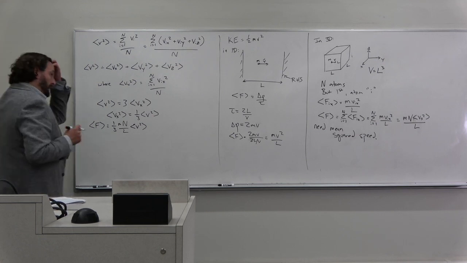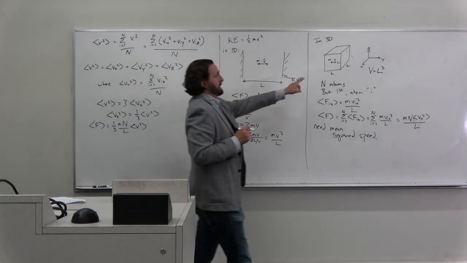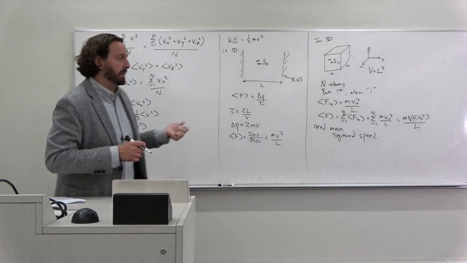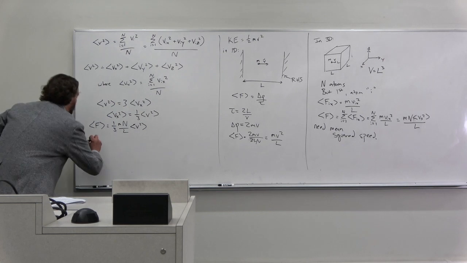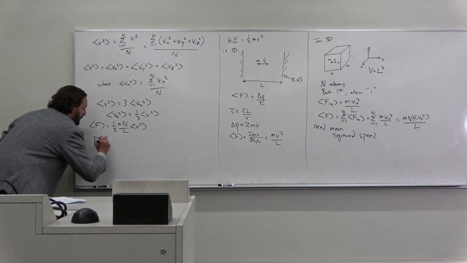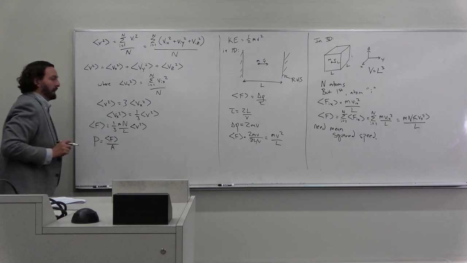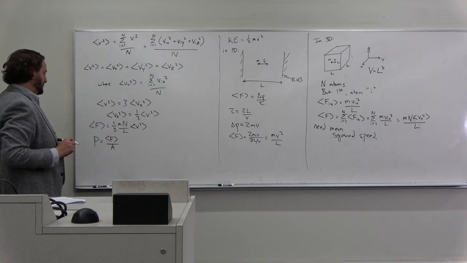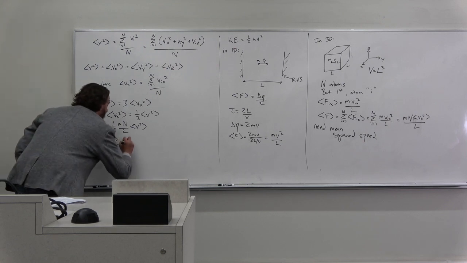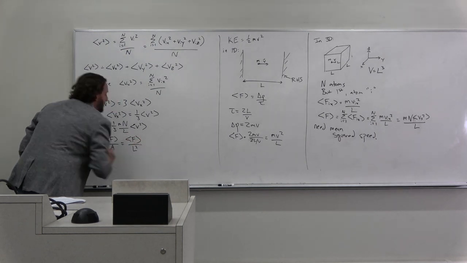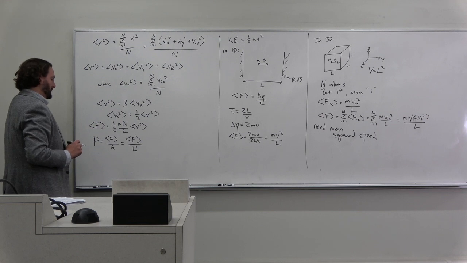Now, in 3 dimensions, when we think about the thermodynamic variables that we're looking for, we're not looking for the force. We're, of course, looking for the pressure. The pressure is just that average force per unit area, but the area of the box side is L squared.